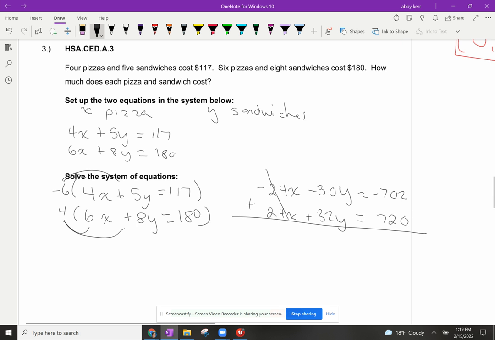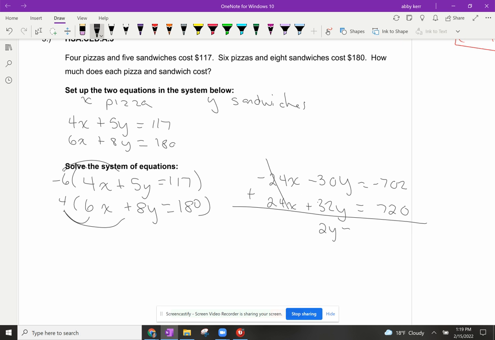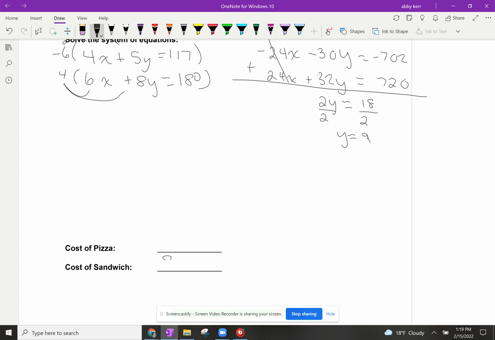Now that we have opposites we can eliminate, we're going to be left with 2y equals 18. Divide by 2, y equals 9. So the price of each sandwich is going to be $9. Pick the easier equation, plug that into. Instead of y, I'm going to write 9.